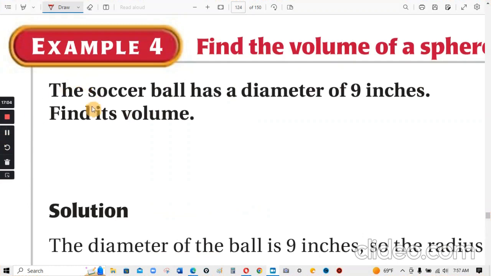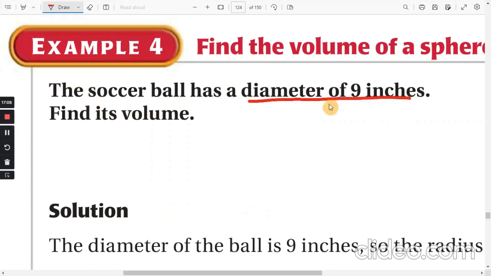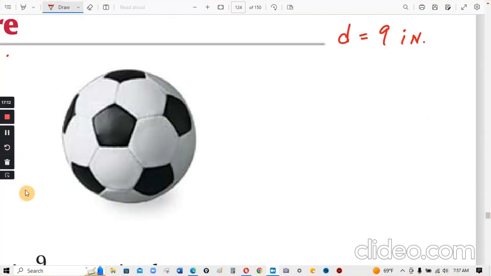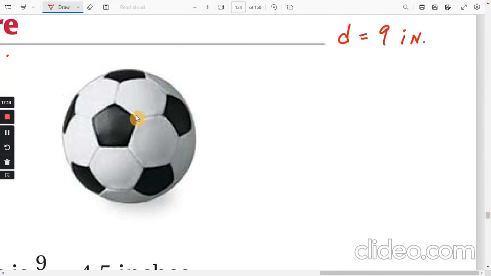Example 4, the soccer ball has a diameter of 9 inches. Find its volume. All right, they didn't really give us a diagram, just a picture of the ball. The diameter is 9 inches, so that would basically go from one end of the sphere to the other, and it would have to go through the center.